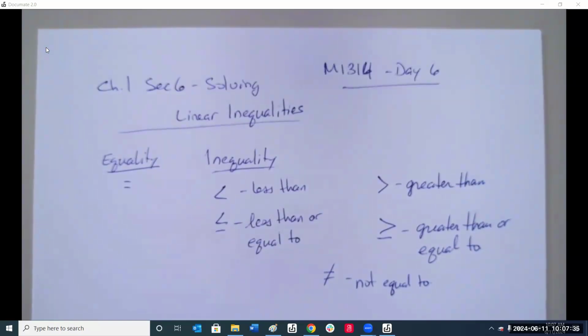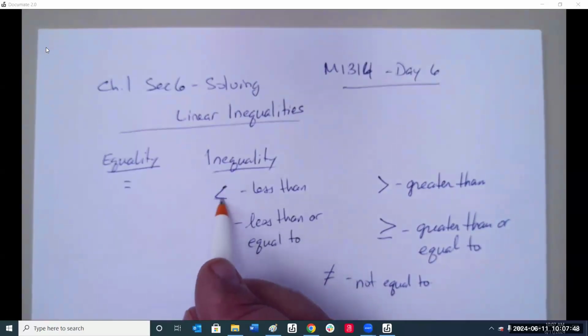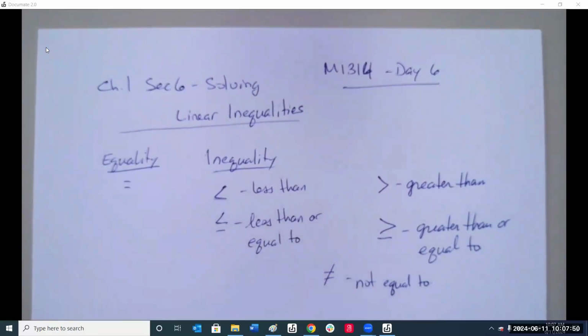You've seen these before. Now, why are they labeled like this? Why is this one less than and this one greater than? Because we see that the arrow always points to the smaller number. The tip always points to the smaller.